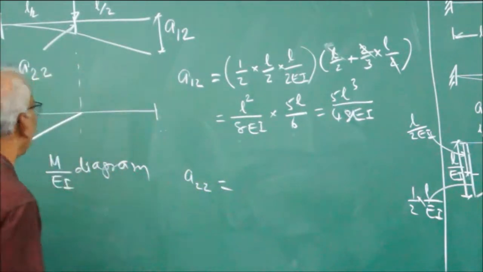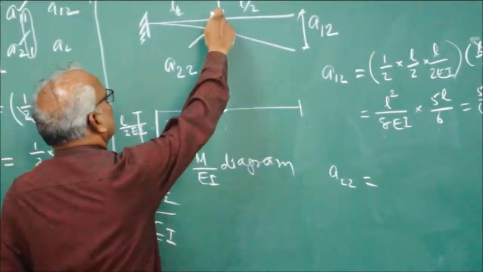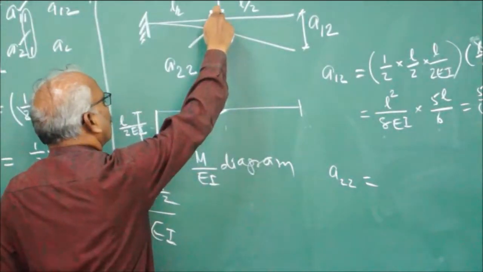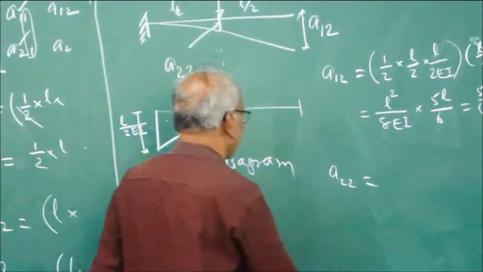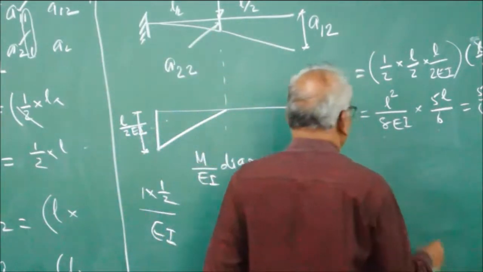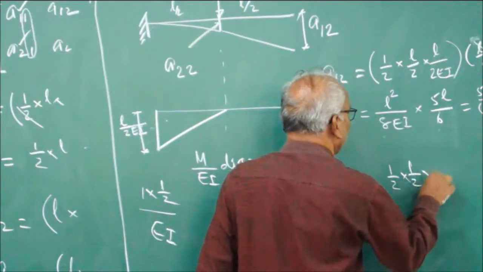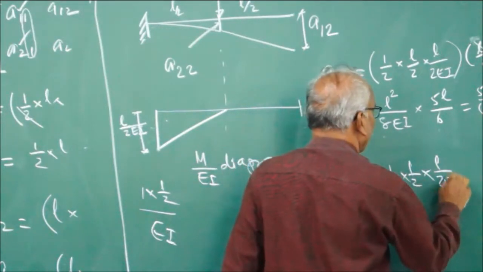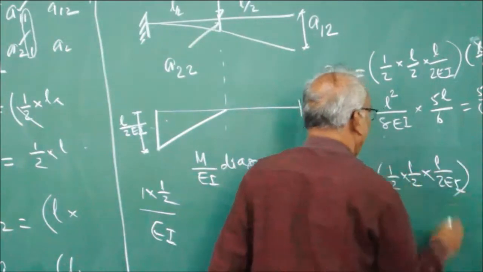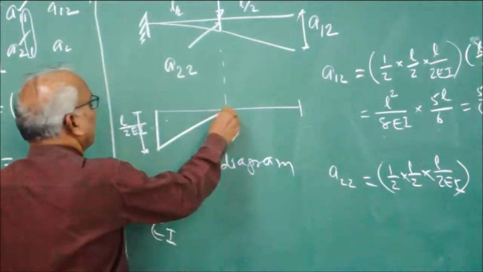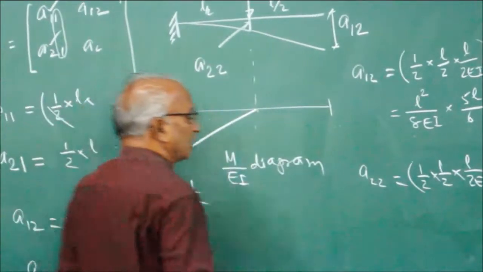A22 is equal to the displacement at this point. The displacement here is again from the M by EI diagram. The area is half into L by 2 into L by 2EI. Taking moment about this point, it is 2/3 of L by 2.